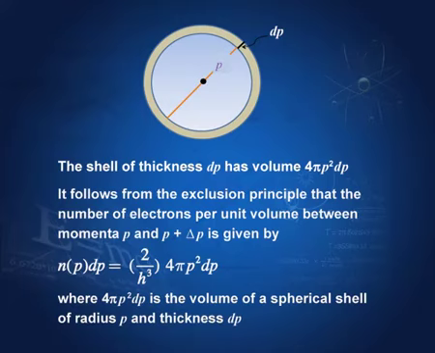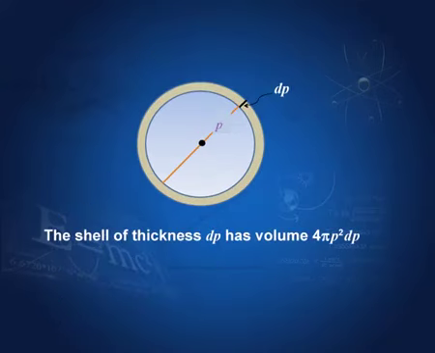Therefore, N(p)dp is 2 by h cubed into 4 pi p squared dp. You see, this is the sphere with radius p, and the outer sphere has radius p plus dp, and the volume between these two is 4 pi p squared dp. 4 pi p squared is the surface area multiplied by dp gives us the volume, and in this volume the number density of particles is N(p)dp.